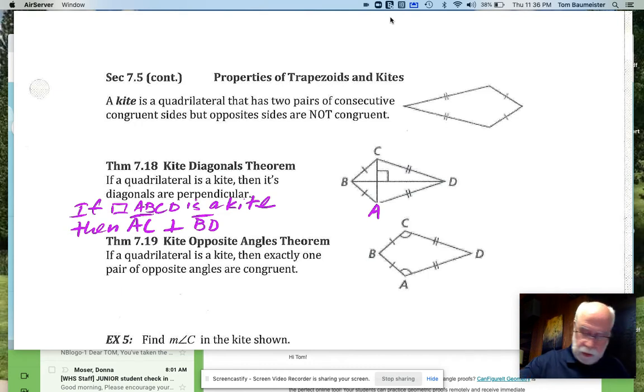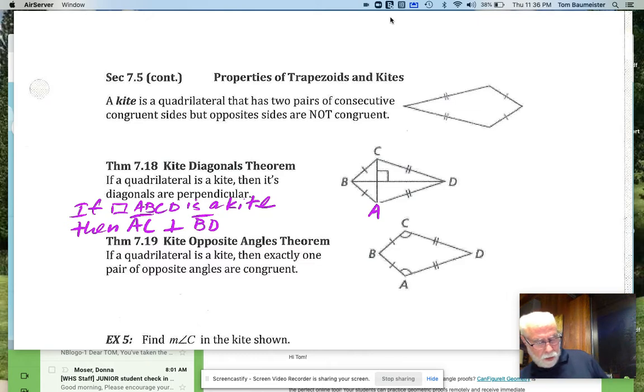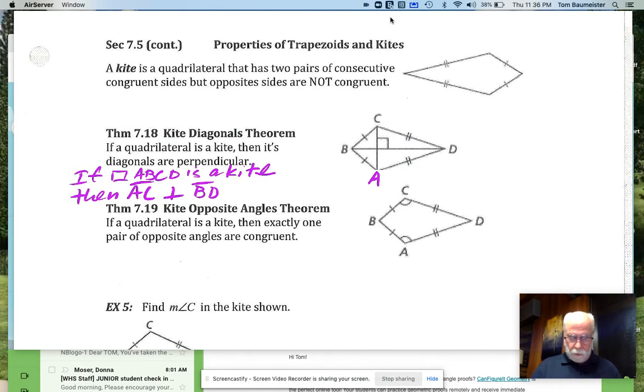And then the kite opposite angles theorem: if a quadrilateral is a kite, then exactly one pair of opposite angles are congruent.